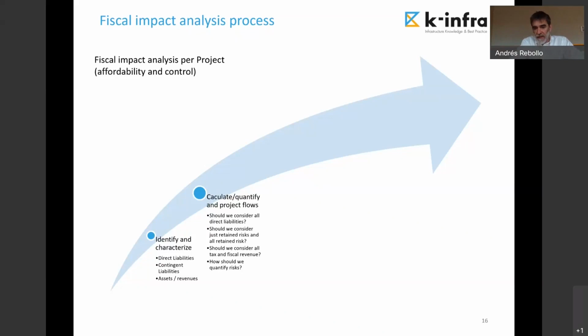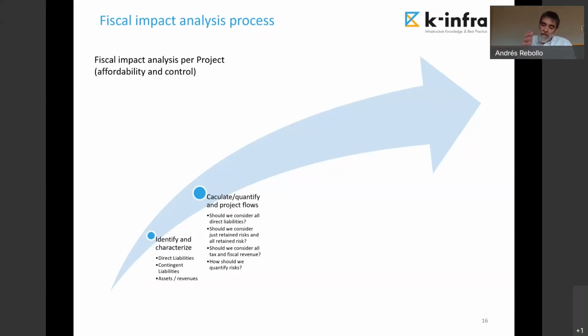Calculate and quantify the project cash flow. Yes, for the direct liabilities, I would say the calculation is automatic, because it's coming from the commercial feasibility analysis. When we already have the financial description of the project, we need to be sure that it's commercially feasible, so we can test the financial description of the project in terms of value for money and in terms of fiscal impact or affordability.